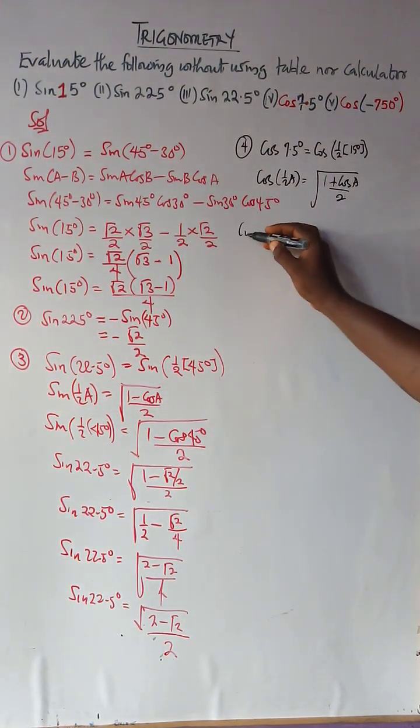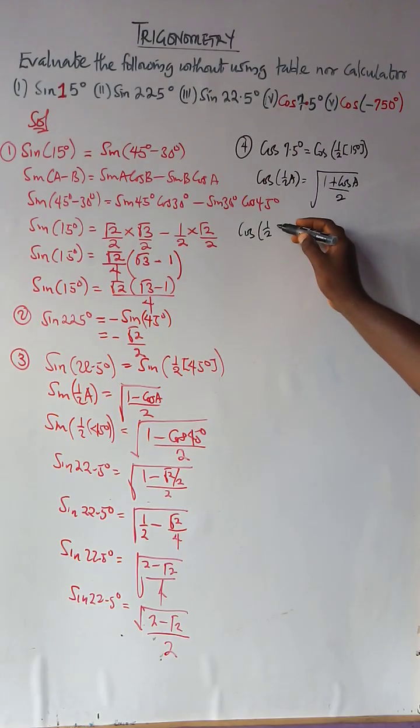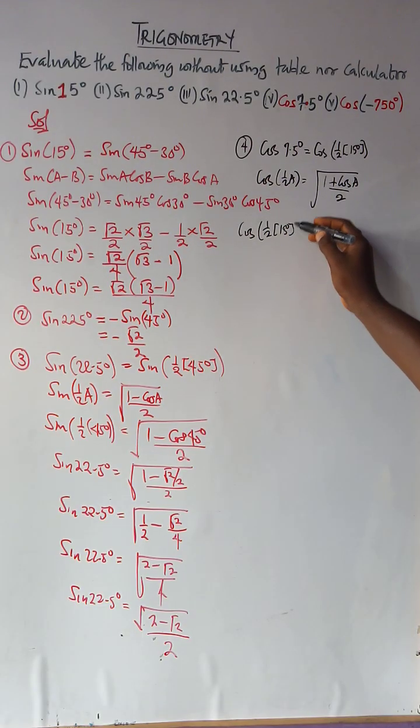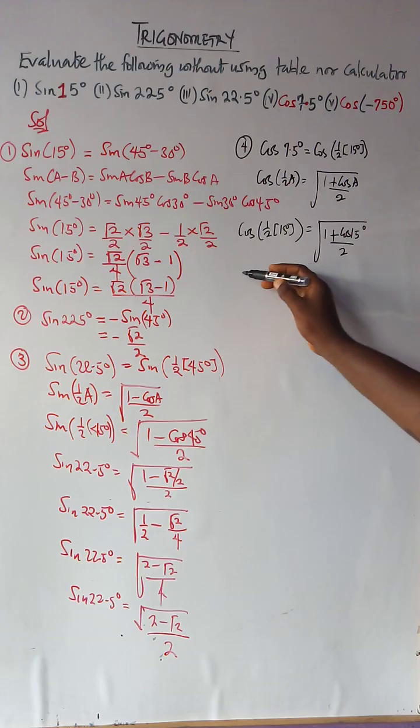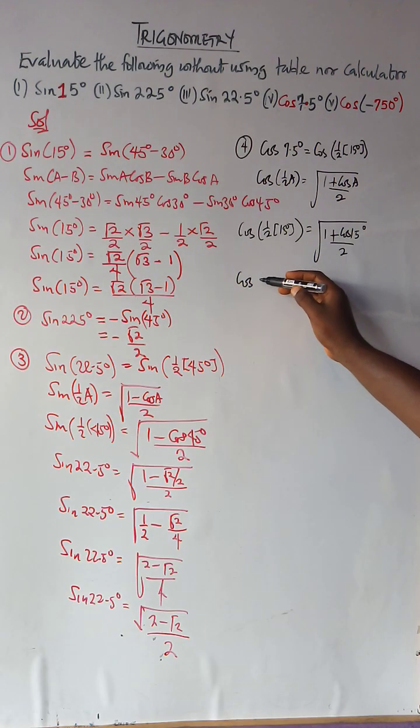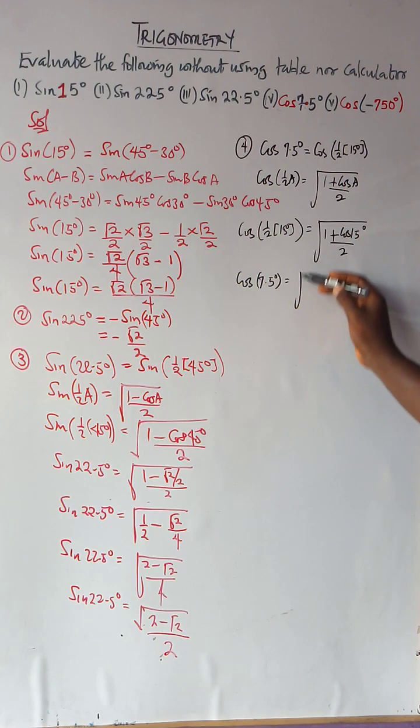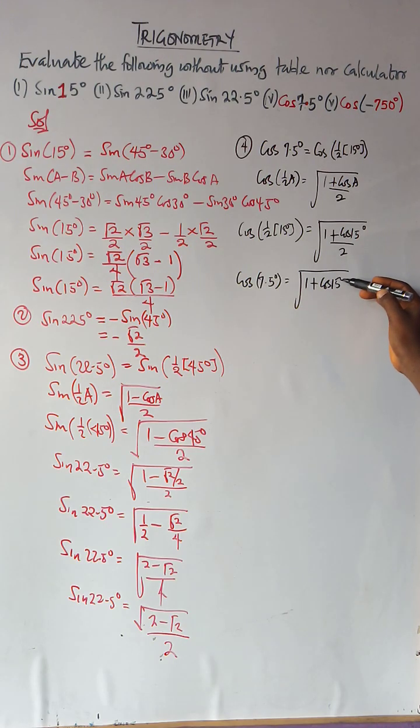So cos half of 15 becomes the square root of 1 plus cos 15 over 2. Let's return this back: half of 15 is 7.5, which equals the square root of 1 plus cos 15 degrees over 2. Now the problem is, what is cos 15?